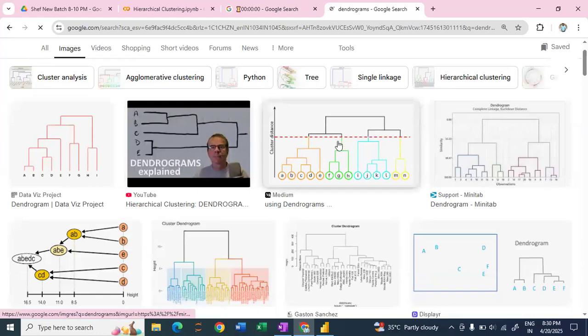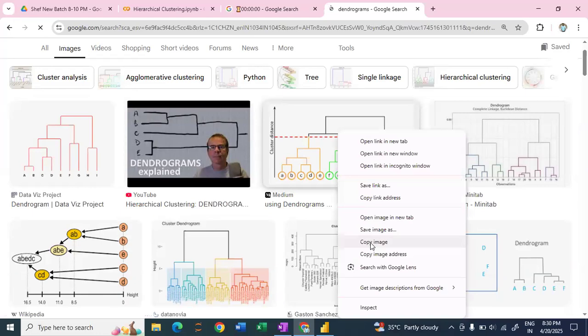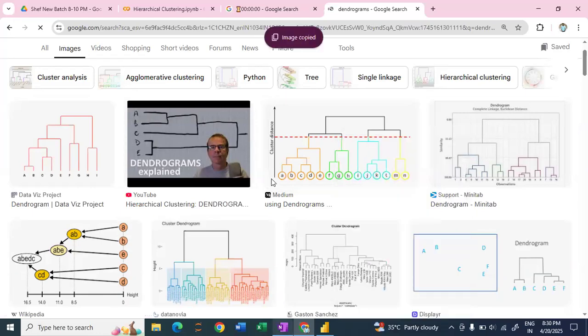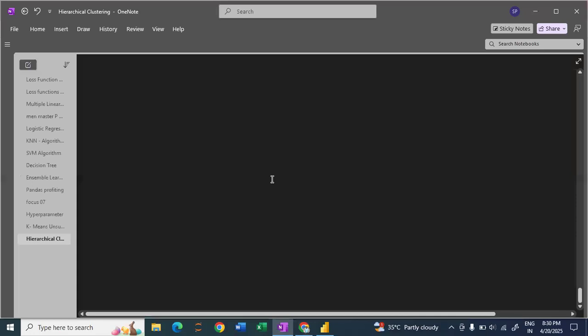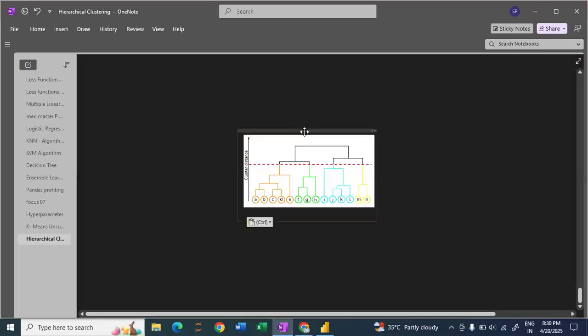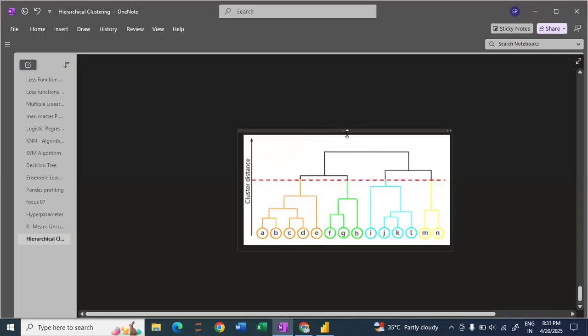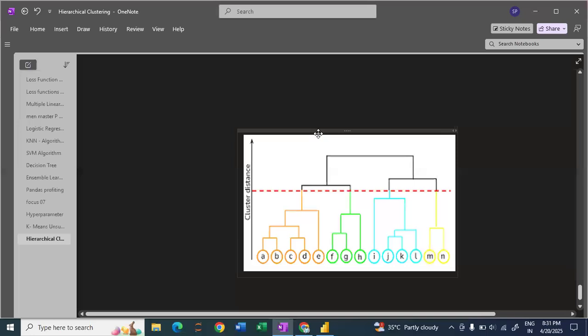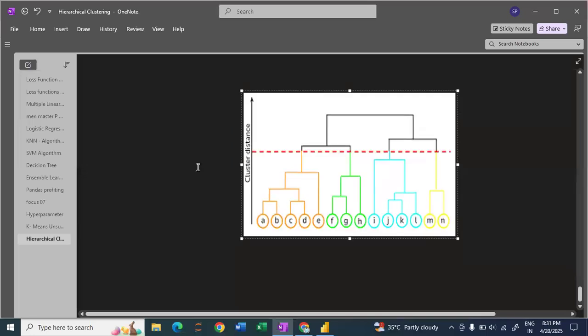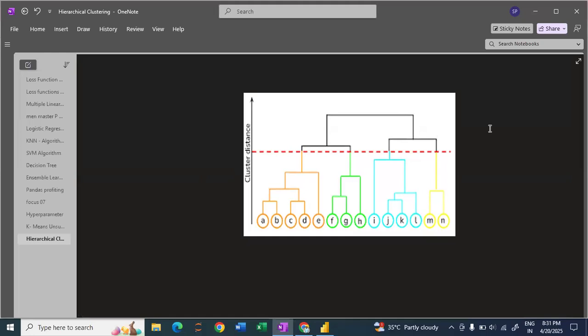Okay, see, just take this. Now tell me, which one is the longest vertical line here? This one, right or not?